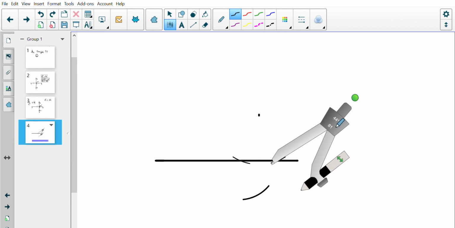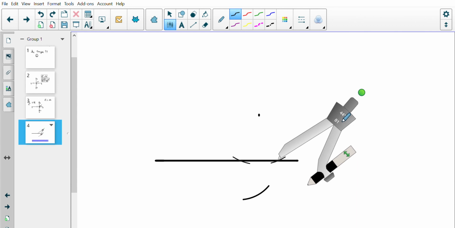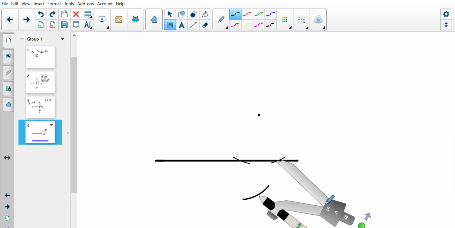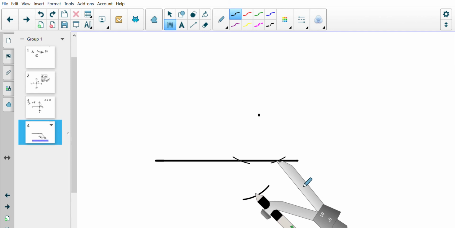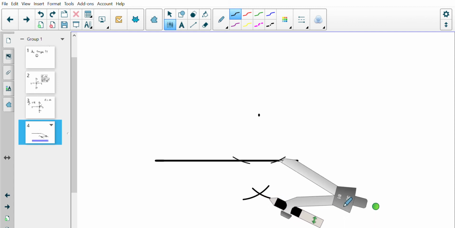You take your needle point and place it on the next intersection point and construct another arc such that it passes through the initial intersection point like this.